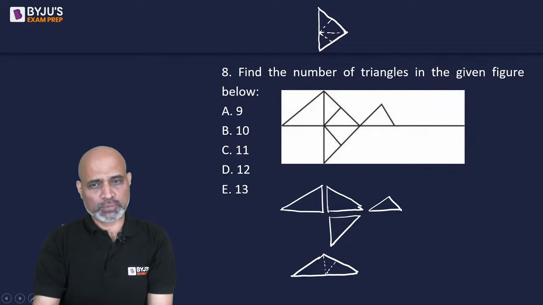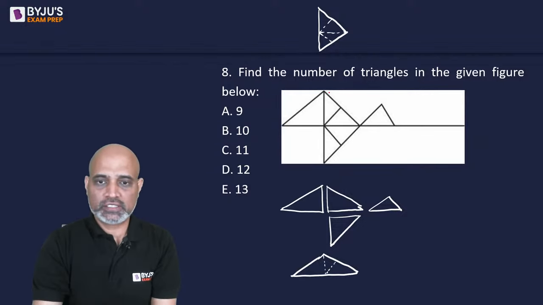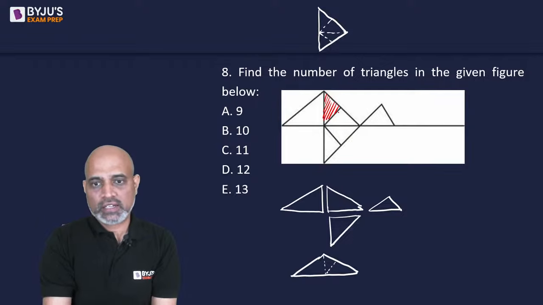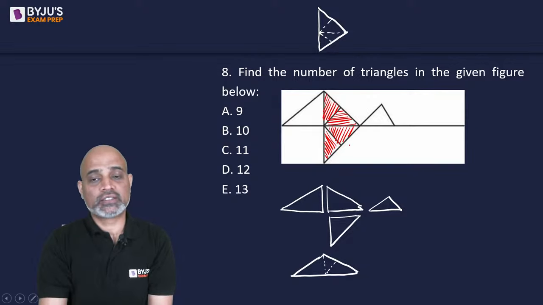अब आते हैं सबसे छोटे वाले triangles. So in the smallest part of triangles, we have this particular triangle, 1. Then we have second triangle, which is this, 2. We have another triangle, which is this, 3. And then we have another triangle, which is this. So we have 4 small triangles.